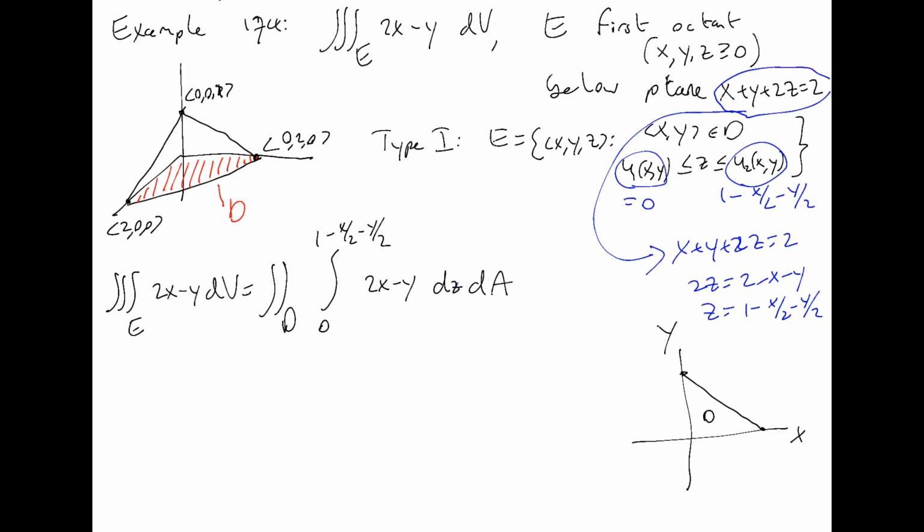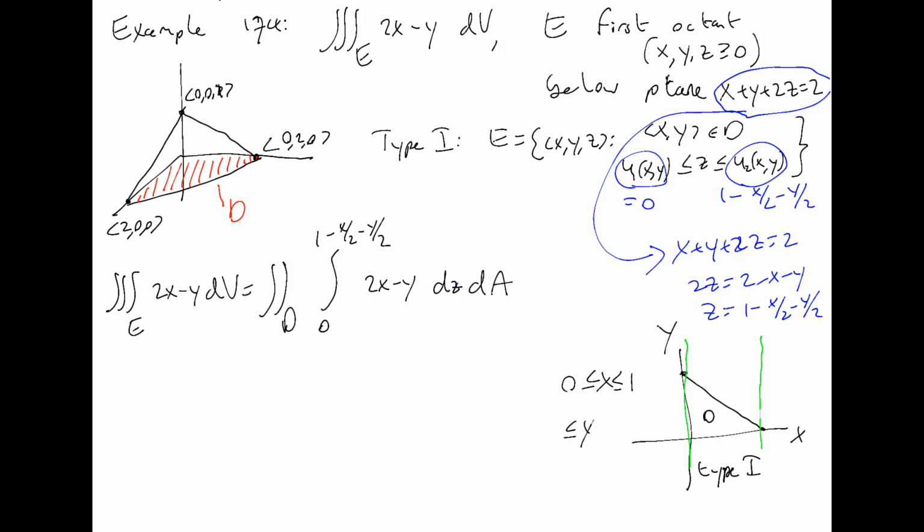So if we want to transform this into an iterated integral, we could again use type 1 or type 2. Well, let's just use type 1. I find it usually easiest. Because in type 1 we say x is between 0 and 1. And what about y?